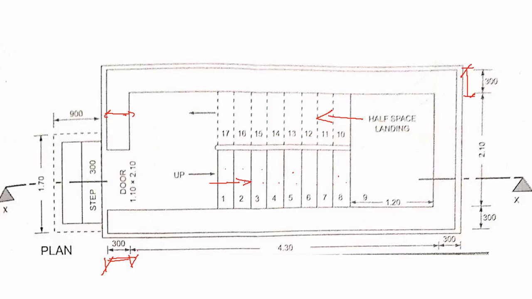This is also the wall. So the size of the wall is 300 mm. Now this landing is 1.2 meter. Now you have a door, the size of the door is 1.1 cross 2.1 meter, which you can see in your elevation.